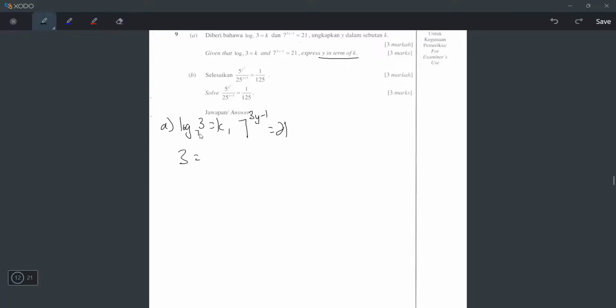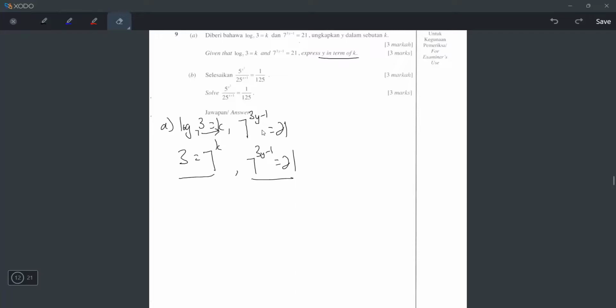How? The 7 here you can move over there, the log base becomes the number base like this. And this one you just stay the same: 3y minus 1 equals 21. And now you try to combine these two pieces of info. Okay, so how to combine? Let's think about it. 7 can combine, but how?